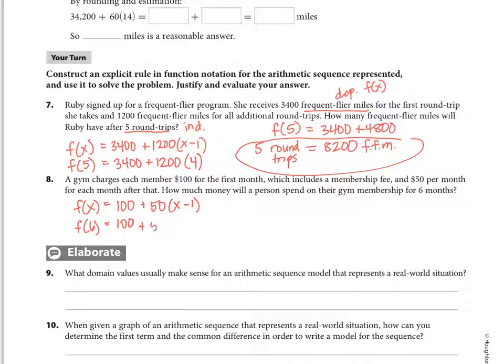Then it becomes 100 plus 50 times 5, which leads to, let's just go right to the solution, 6 months will cost, okay, I didn't quite work this out yet, but 50 times 5 is 250, then plus 100 will be $350.